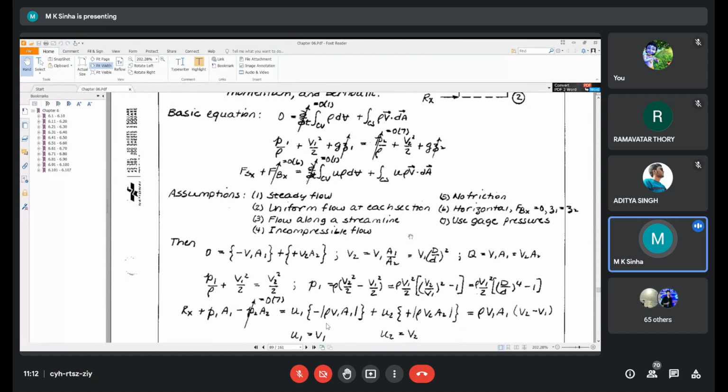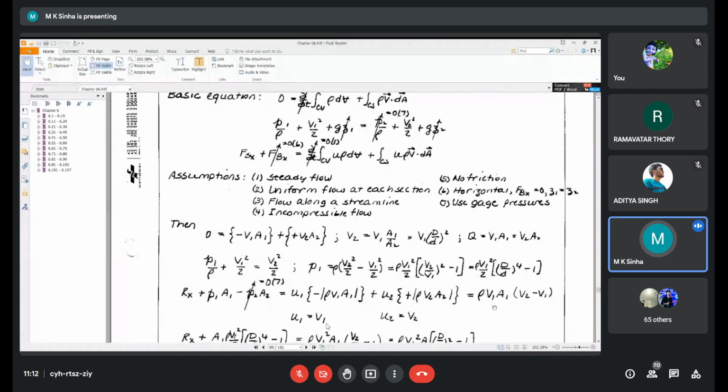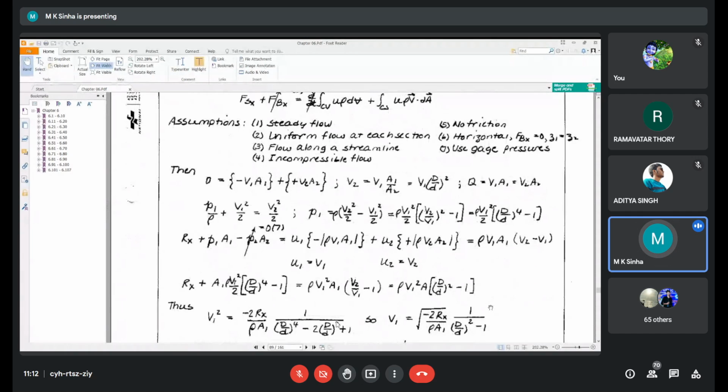Both methods you can use, and you should get the momentum reaction rho V1 A1 times (V2 minus V1). Then the pressure from the Bernoulli equation: P1 equals rho V1 square by 2 into (capital D by small d to the power 4 minus 1).